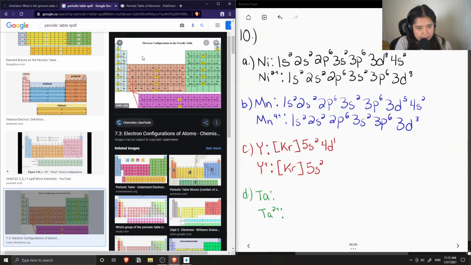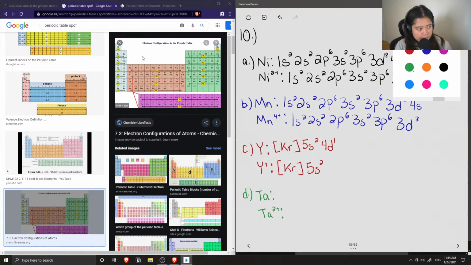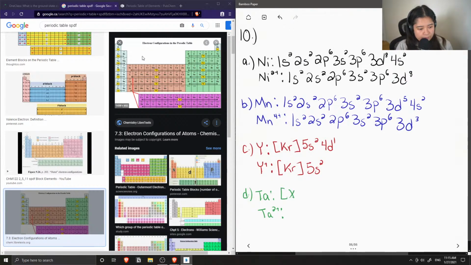We would write xenon in square brackets. And then we would go on to write the remaining electron configuration.